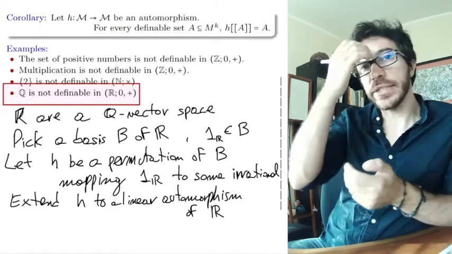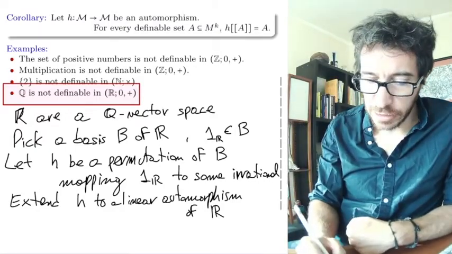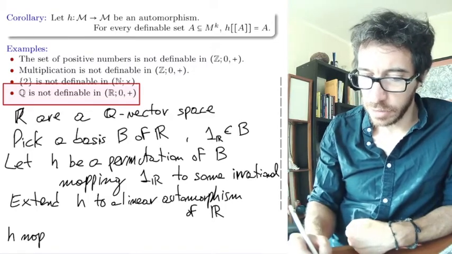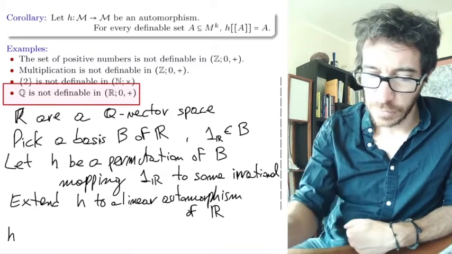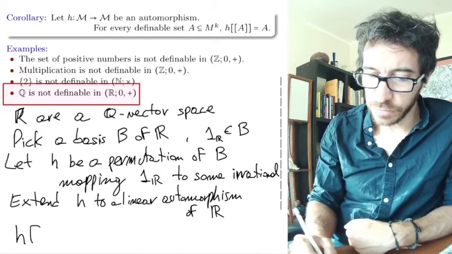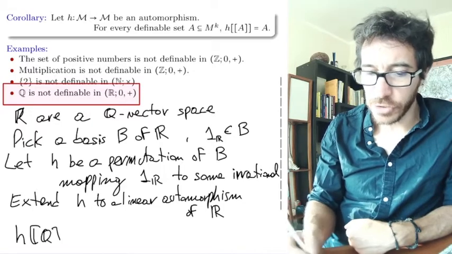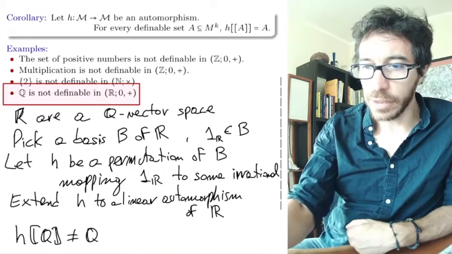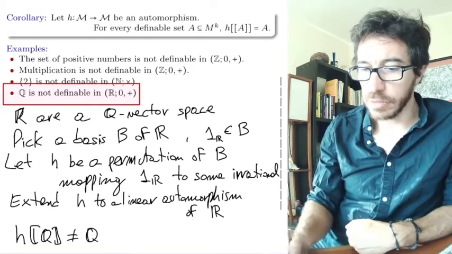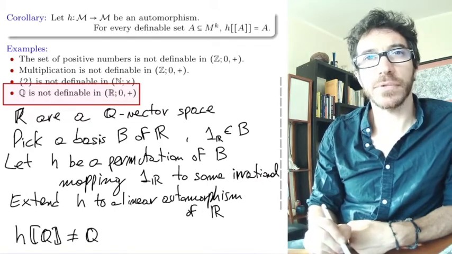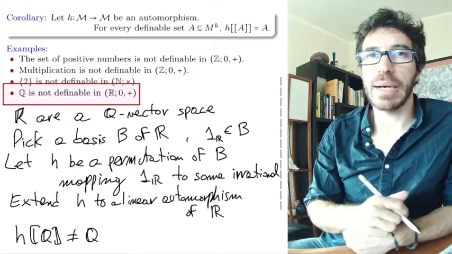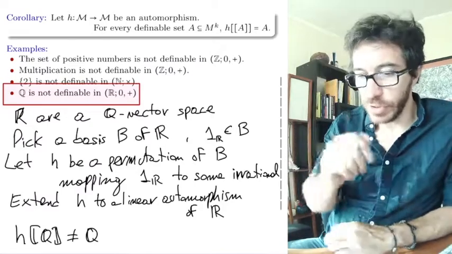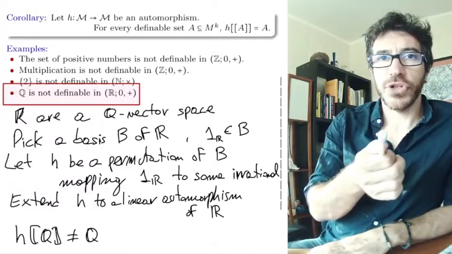And H of Q is not going to be Q, because 1, which belongs to the rationals, is being mapped to an irrational. So it cannot map Q to Q. It has to map Q to something else. That's why Q is not definable. Okay, see you guys in the next video.